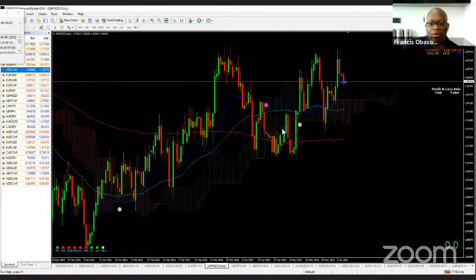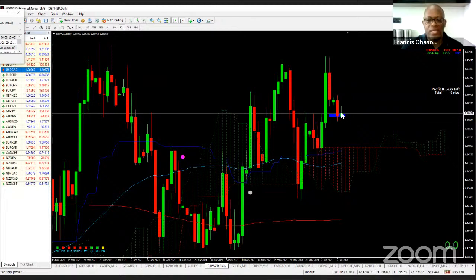Like I said earlier, looking at this indicator, the future Kumo, otherwise known as the cloud, which is Kumo in Japanese, is green, which means price is going to be going up ultimately. But before it does, it could go lower slightly and then push up. We will have to watch this and see what happens.